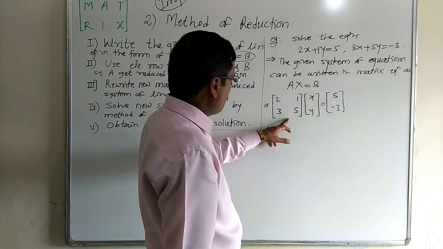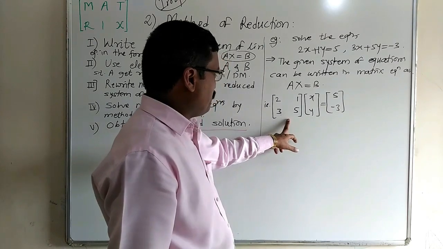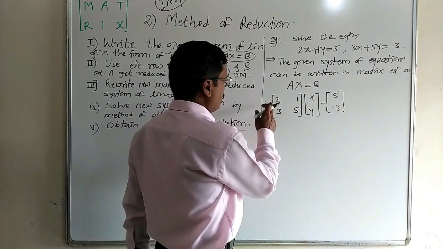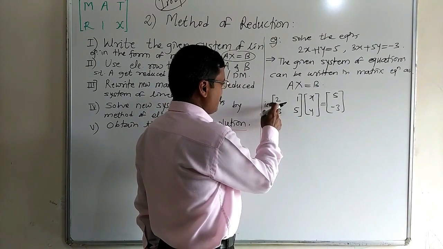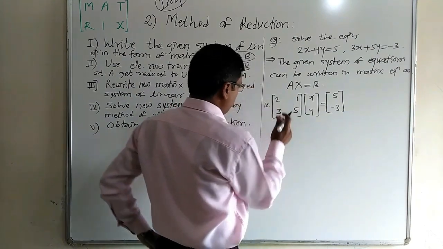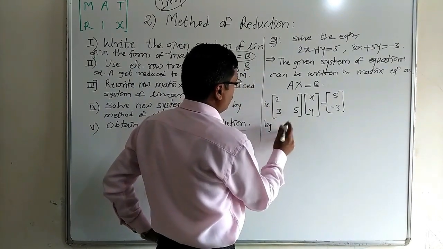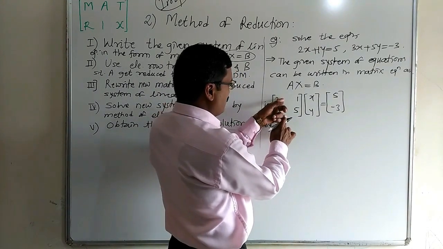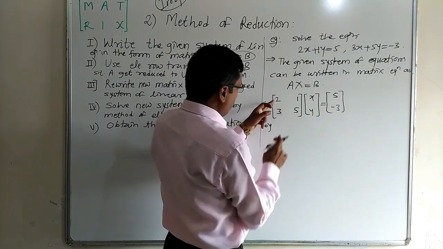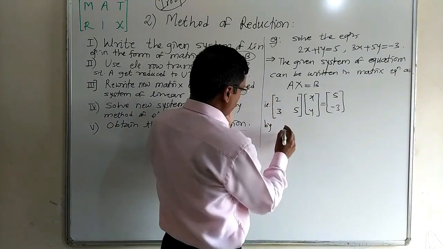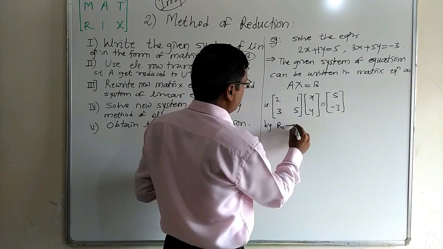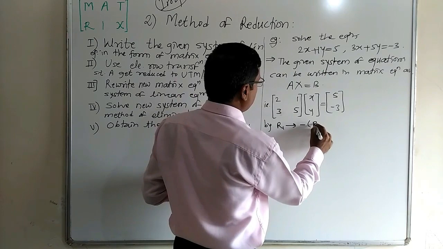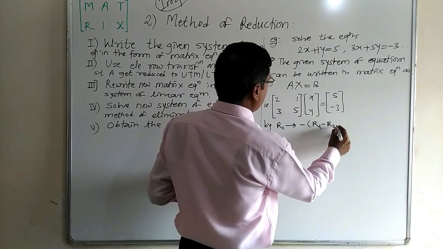To convert this into upper triangular matrix, we need 1 at this place. So we will operate here: this is 2, minus 3 we get minus 1, and we actually need 1 there to obtain 0 here. So we will subtract with negative sign, by R1 changes such that R1 becomes minus R1 minus R2.